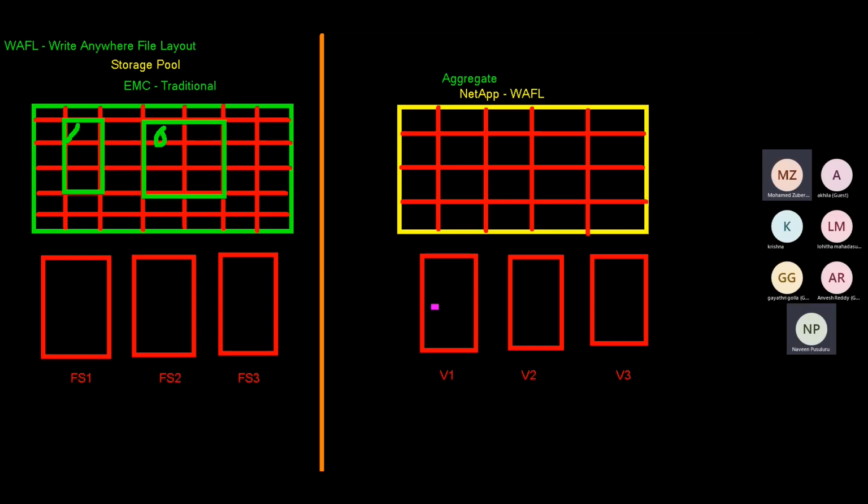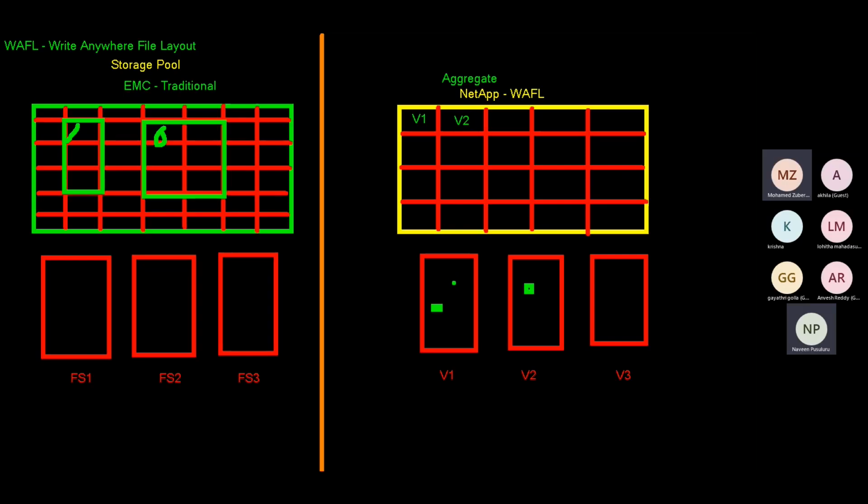For example, when my client wrote some data to vol1, it will write the data to the first available chunk. Now my other client wrote some data to vol2. It will look for the next available chunk and write the data there.